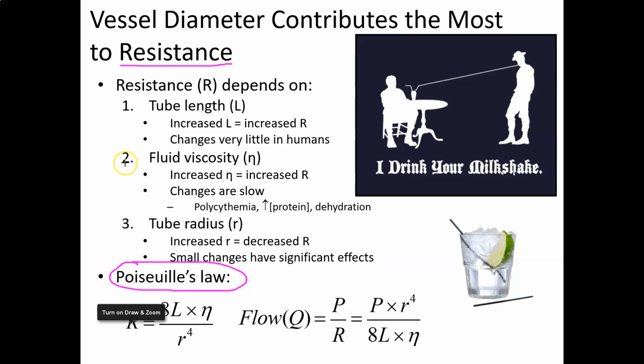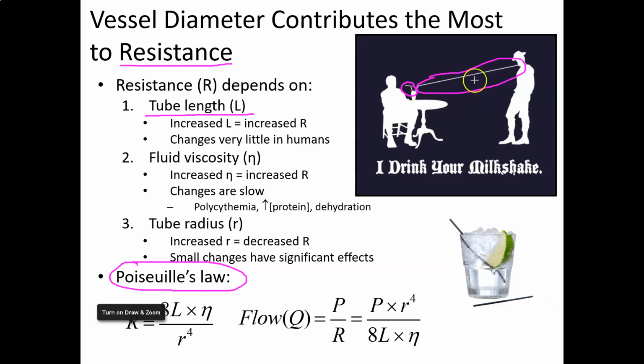So let's look at the relationship between these variables. Resistance depends on a couple different factors. One is tube length. The longer the tube, the greater the resistance. So we're going to call tube length L, capital L. As an example, looking at this picture, this straw on this side has a small tube length. This straw has a huge tube length.